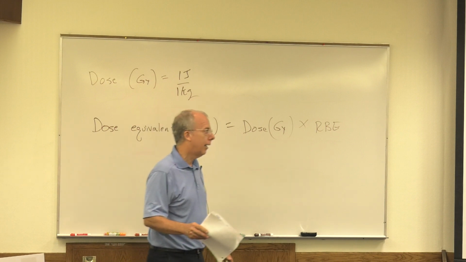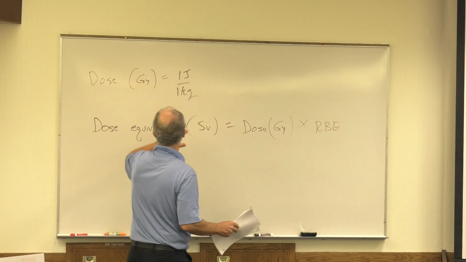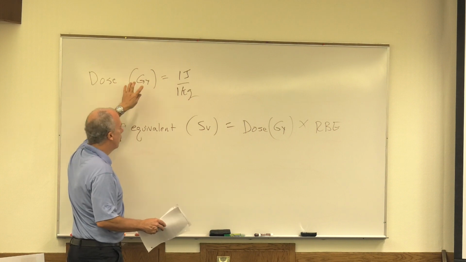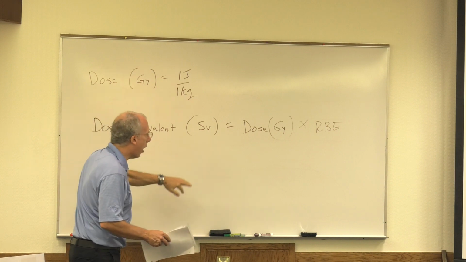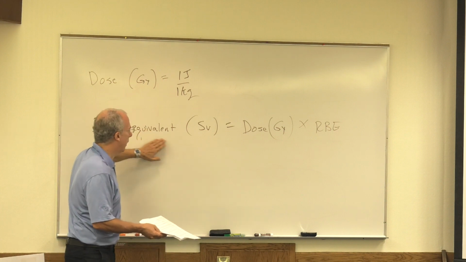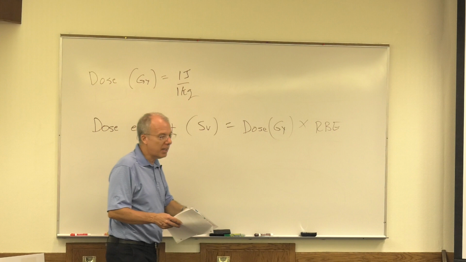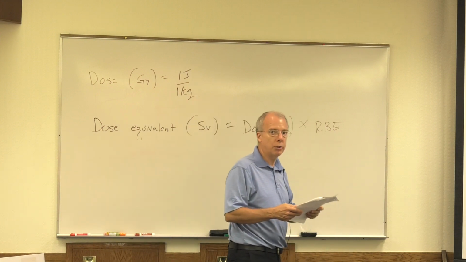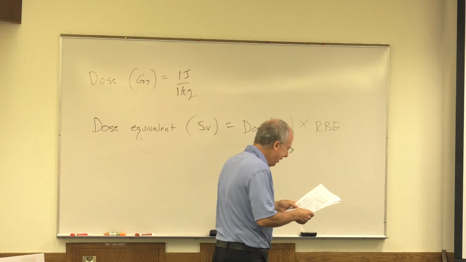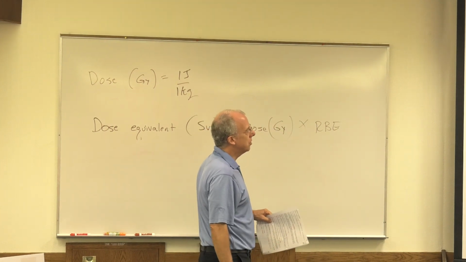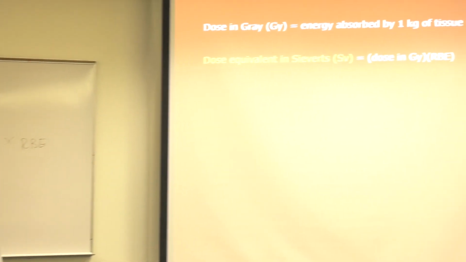You have to remember the dose, which is just the energy, is in gray. When you include the RBE, which is what you want to do, that's the dose equivalent in sieverts. So you just have to remember that. It's not like our usual units. Sorry, what can I say?